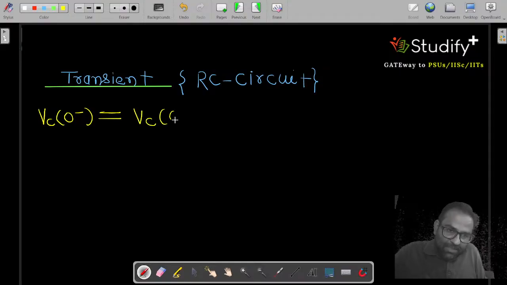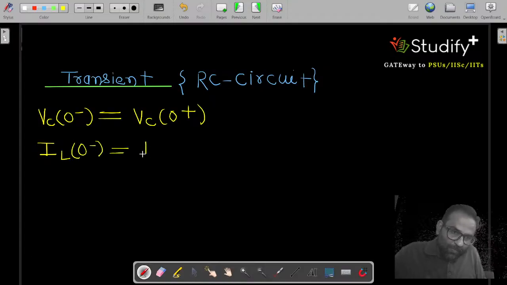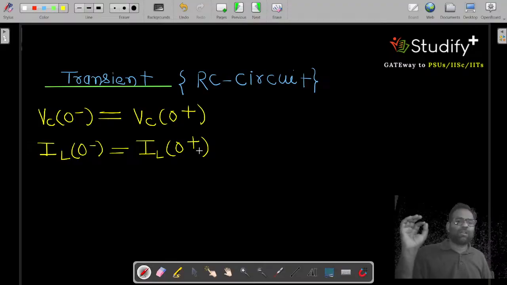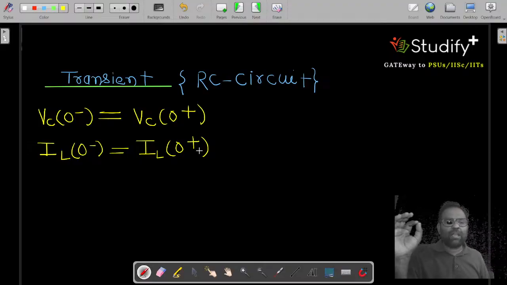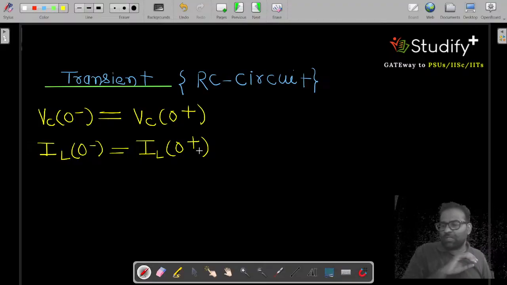C represents the capacitor. One more thing I have told you: IL(0-) is always equivalent to IL(0+). The current through an inductor and the voltage across a capacitor cannot change abruptly. These are two things.